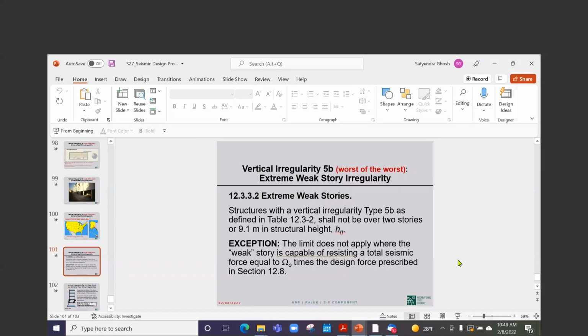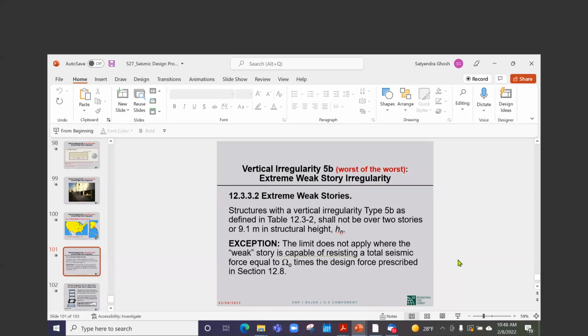The combined flexural strengths of the columns meeting at a joint must be at least 120% of the combined flexural strengths of the beams meeting at the same joint. In a tube, the beams are very deep. Columns are closely spaced. So in a tube structure, you cannot satisfy the strong column weak beam requirement.